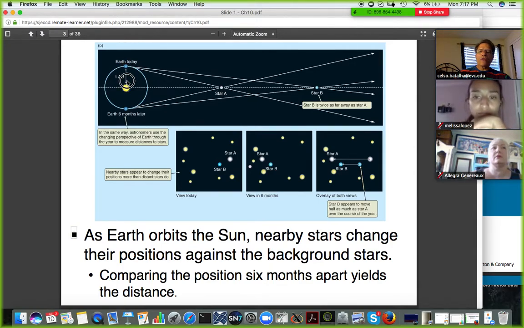Can you see my arrow moving? And this quantity here is the distance from the Sun to the star.